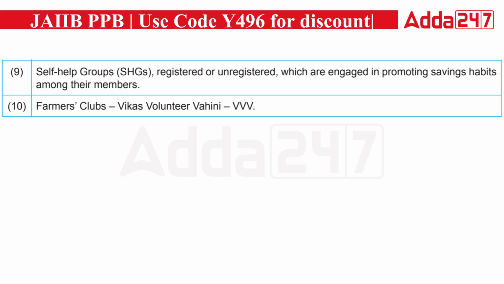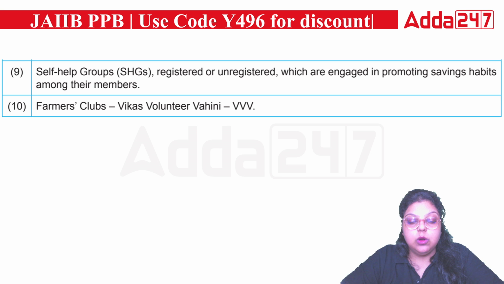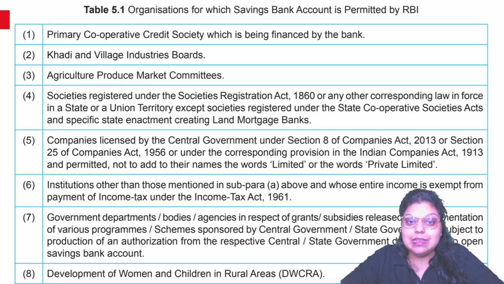Apart from these, self-help groups, registered or unregistered, which are engaged in promoting the savings habit among their members. Also the Farmers Club, Vikas Volunteer Vahini, they all are allowed to open a savings bank account. They all have been allowed by RBI to open a savings bank account. So these are those organizations for which a savings bank account is permitted by RBI.